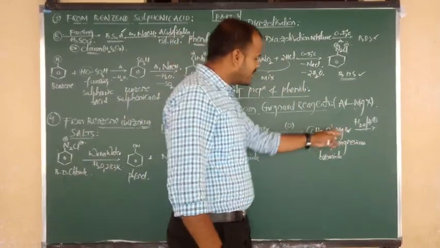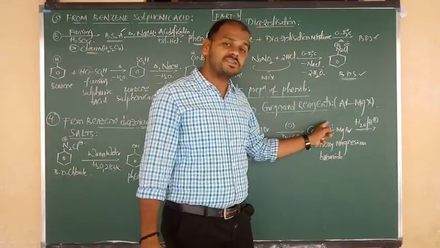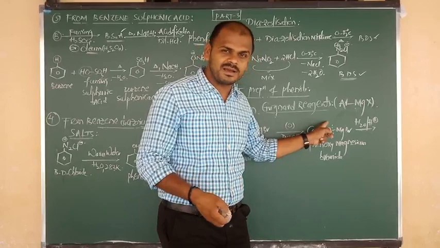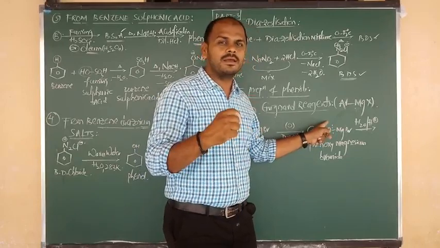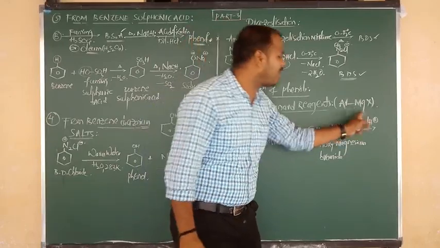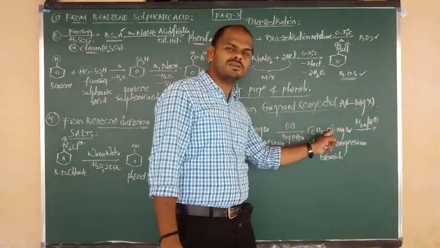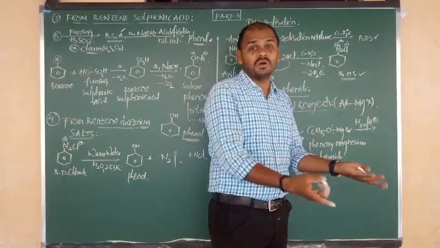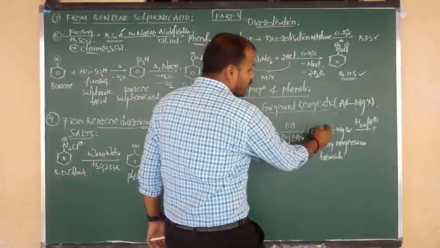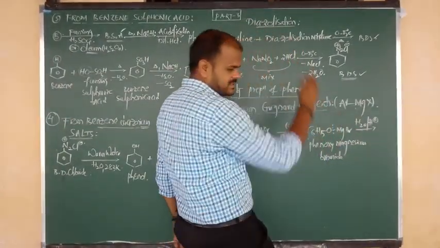Now after breaking of bond, O contains charge minus, attacked by H plus. From where we have to take the H plus? From the water molecule. H plus goes and attacks phenoxy, and phenoxy changes into phenol. So C6H5O minus will accept the H plus.